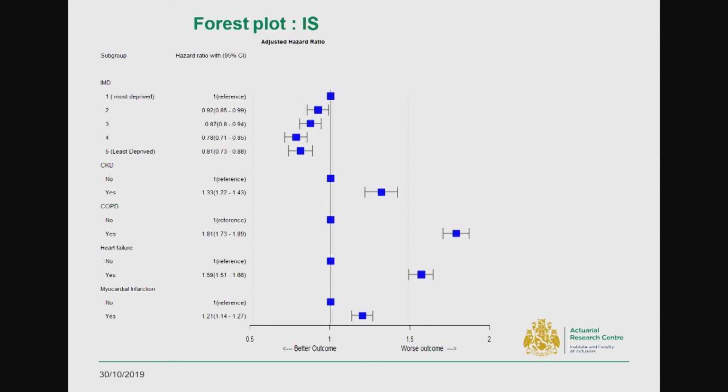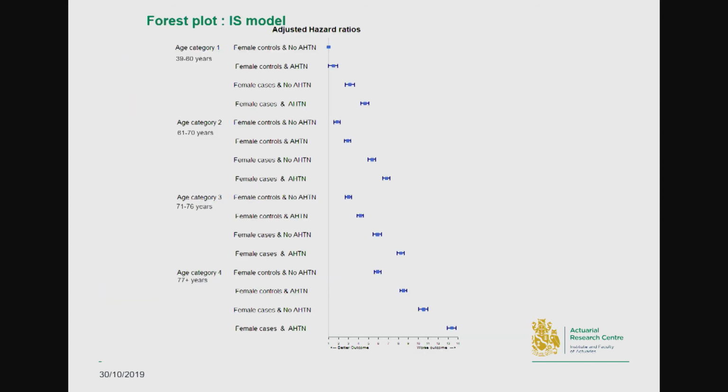If you had a prior heart failure, you would have a hazard ratio of 1.59. Now, the next one is a forest plot to show the effect of case control and age, and also the uptake of antihypertensives.